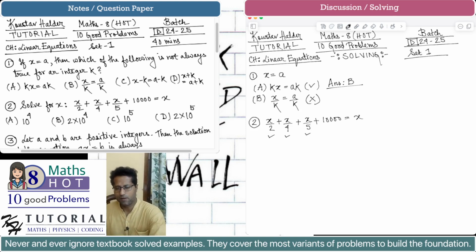Now whenever you have in an equation a rational term where there is a variable, mostly in the numerator, then I always suggest that you multiply both sides of the equation by the LCM of all the denominators of the rational terms.